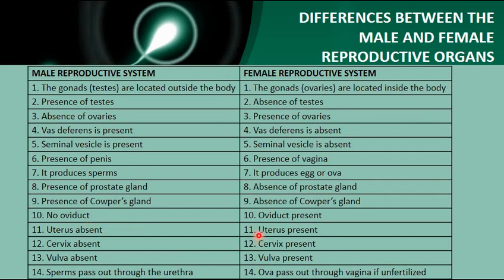Vulva is absent in the male reproductive system and present in the female reproductive system. Sperm passes out through the urethra, but in the female, the ovum passes out through the vagina if unfertilized. So you see the differences between the male and female reproductive systems.